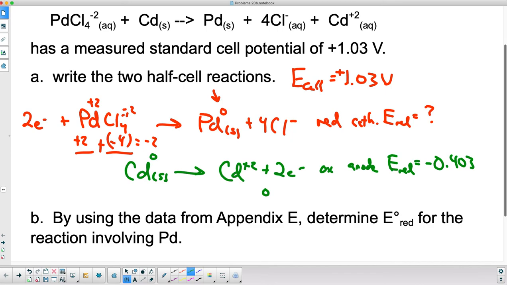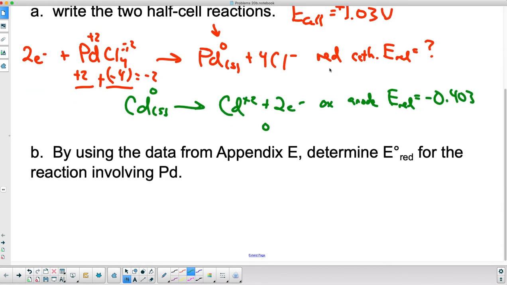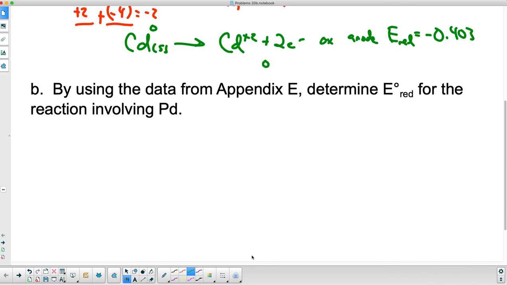Okay, so here's how we do that. I'm going to scroll down and give myself a little bit more room, because here's what I know. I know that E cell equals E reduction at the cathode minus E reduction at the anode.